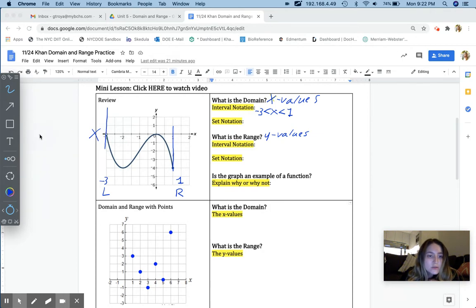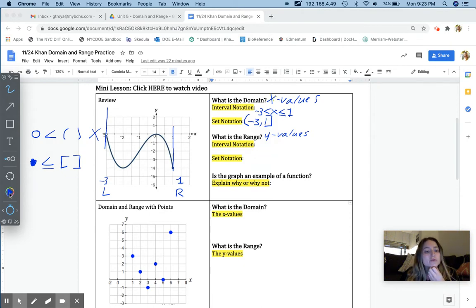And this is an open circle here, so open circle gets just a less than sign, whereas a closed circle gets a less than or equal sign. So my -3 is not included, but my 1 is included, so it gets the or equal to line underneath. And in set notation, -3, 1, I'm not including my -3, so I get my parentheses, and I am including my 1, so I'm going to put a bracket.